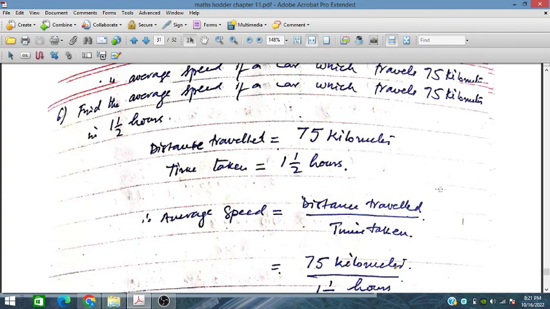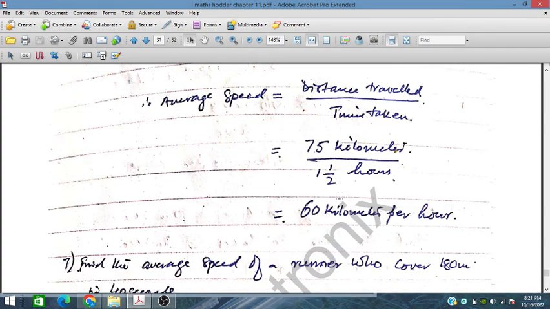It should be something else, so we'll check it. 75 divided by 1.5, this is 50 kilometers.